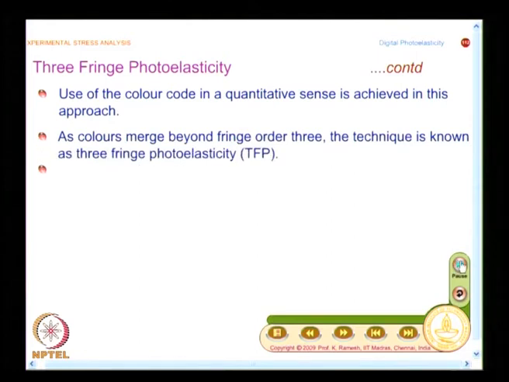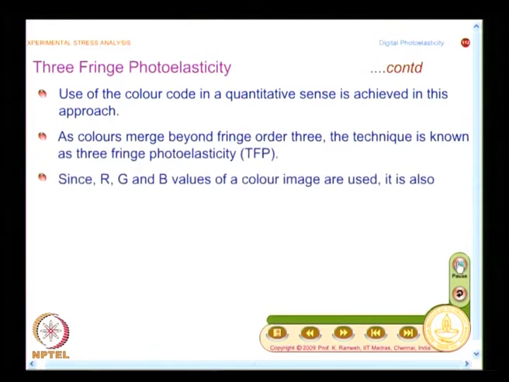And why do we call it 3 fringe photoelasticity? Colors beyond fringe order 3 merge and the distinction becomes difficult, and hence the technique is known as 3 fringe photoelasticity.